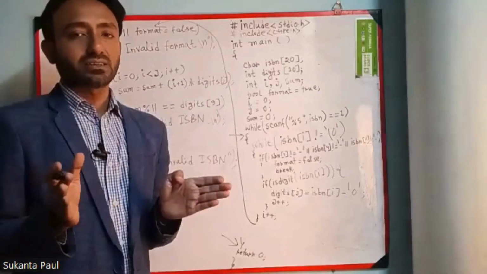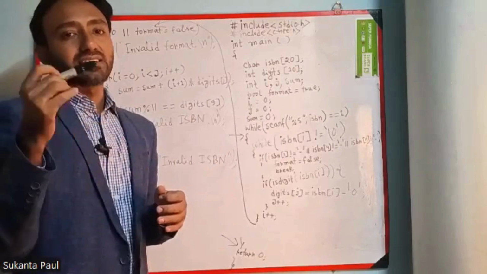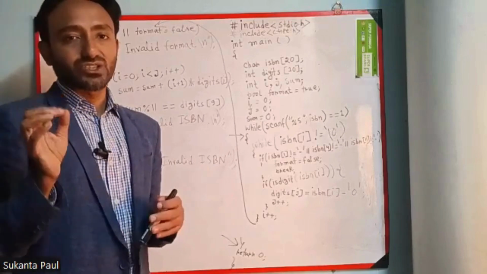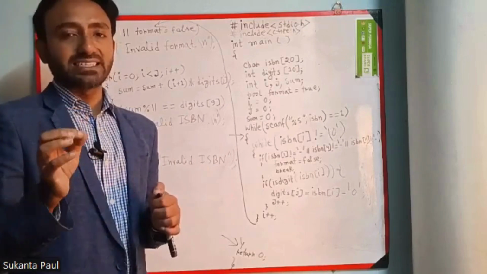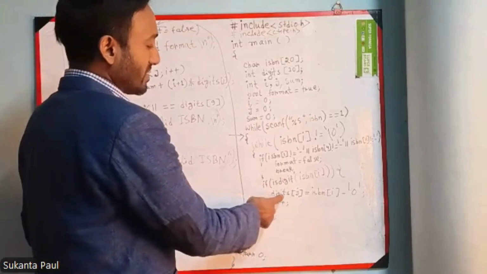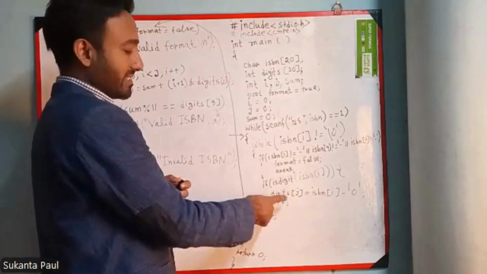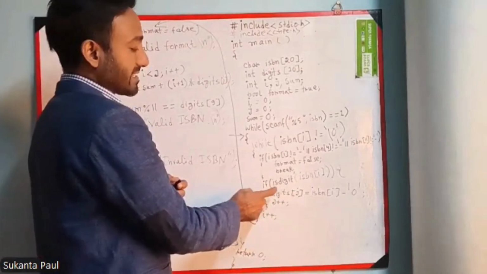After converting the character digit into an integer digit, we need to store the integer value into an integer array named digits. We store the value at the jth position of digits.